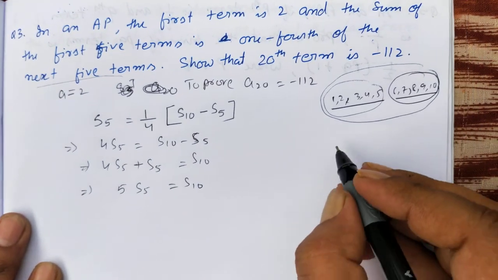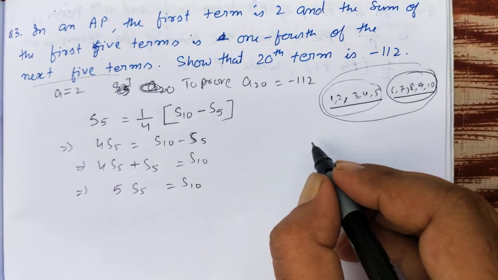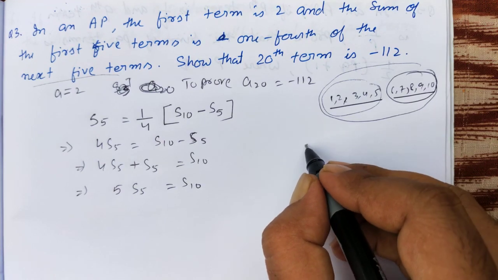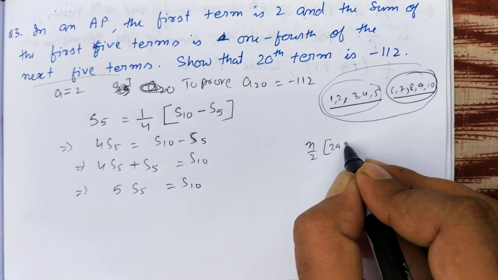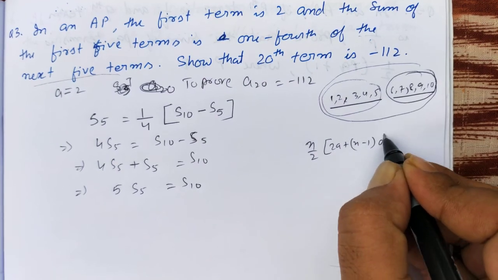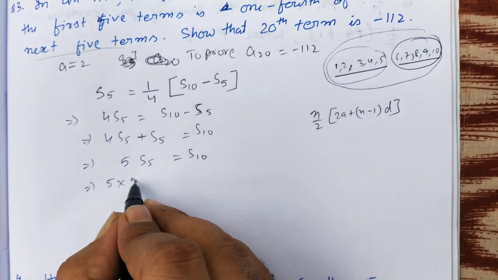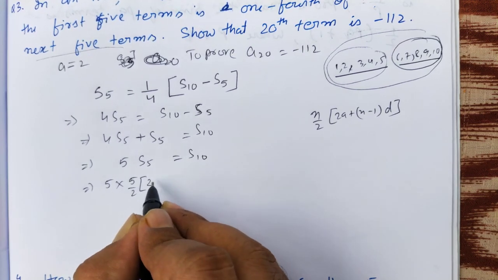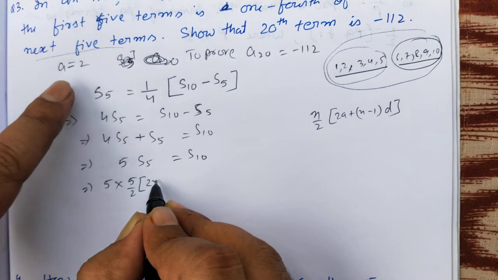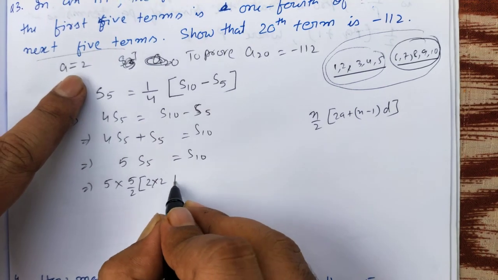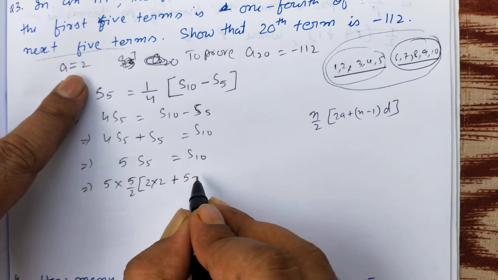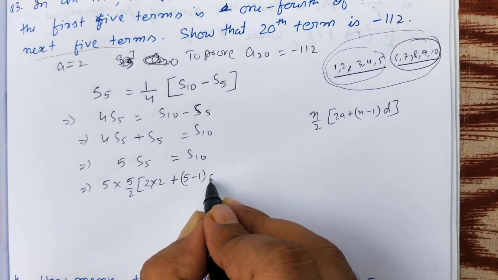Now use the formula. The Sn formula is n by 2 times (2a plus (n minus 1)d). So for 5 by 2, 2a where a is 2, plus 5 minus 1 times d, which we don't know and have to find.